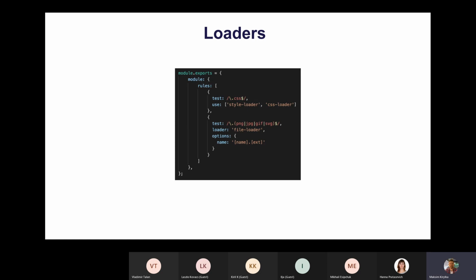Loaders can be synchronous or asynchronous. Loaders run in Node.js environment, so we can do everything that's possible there. And sometimes loaders can be configured with an options object, like this for file loader.